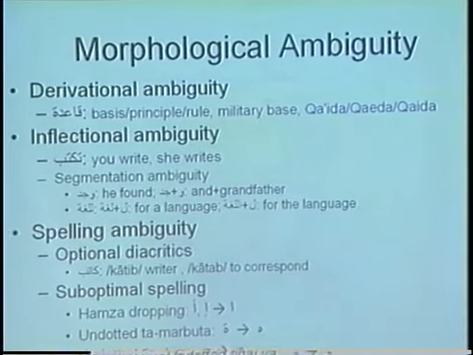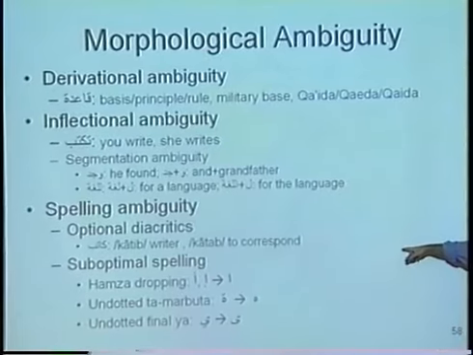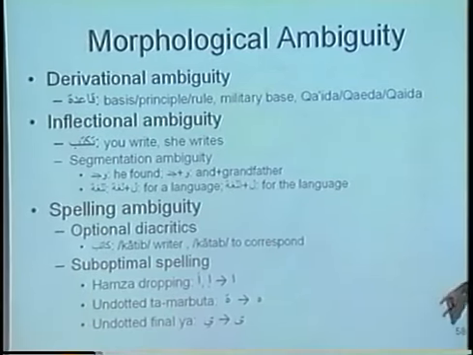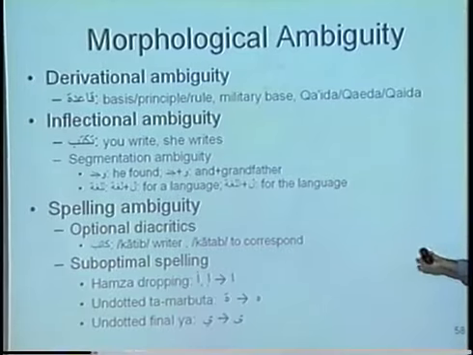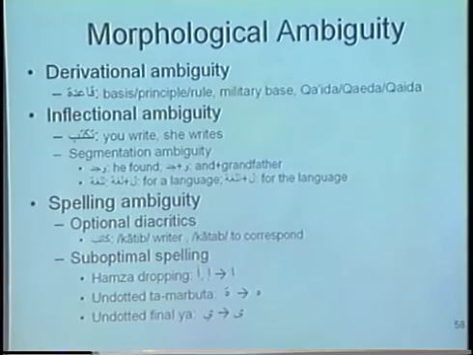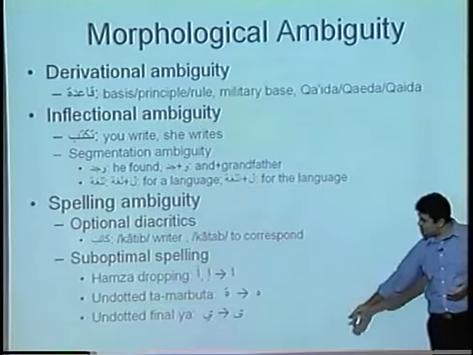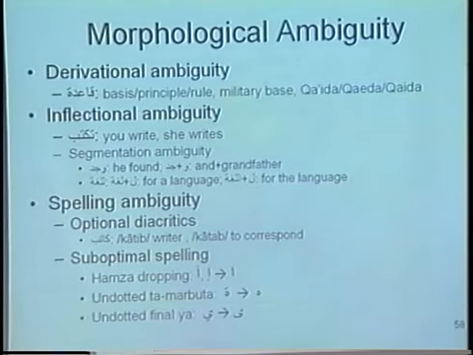Now, we've seen some of the cases where the optional diacritics create problems. So katib or katab: one is a noun, one is a verb, but they look the same without the diacritics. And you also get a serious effect of the orthography interacting, where you get suboptimal spelling.